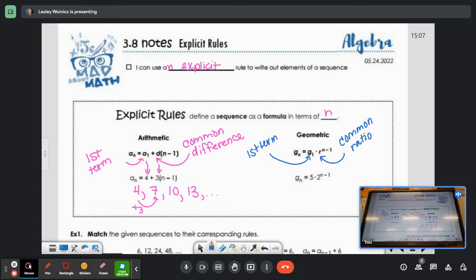All right, so what is our first term in this geometric example? What's in the G sub 1 spot? 5. So we're going to start on 5 and then do what to get to our second term? Times 2. Okay, 10. And then? 20. And then? 40. And so on. Easy peasy, lemon squeezy.